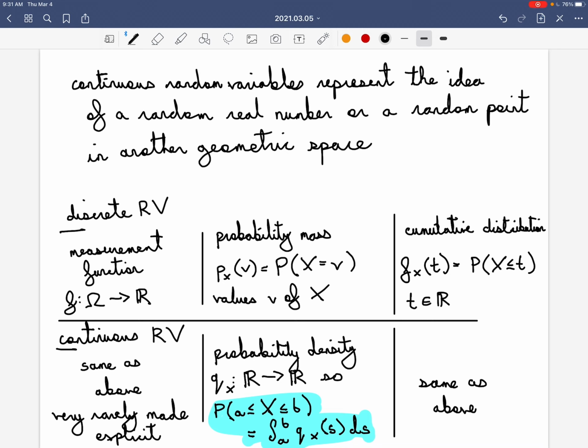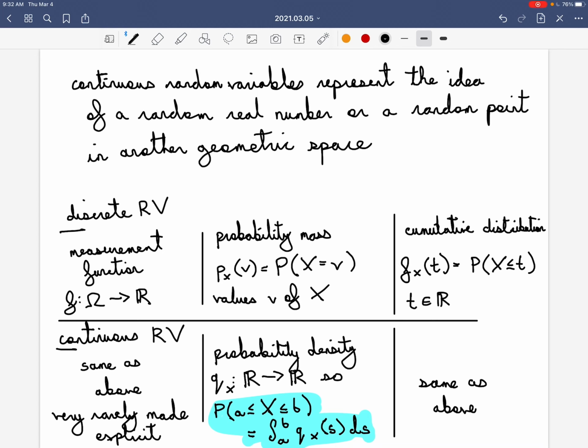So it's highly inadvisable to think about continuous random variables in terms of measurement functions until you're extremely familiar with the more effective methods of thinking about the other two definitions for continuous random variables.